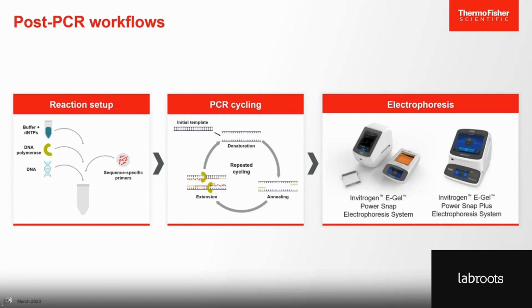It can be either the Invitrogen eGel Power Snap electrophoresis system for 25 or fewer samples at a time, or the Invitrogen eGel Power Snap Plus electrophoresis system for 25 samples or more at a time, up to 96. In both, you can go from sample loading to image capture in just 18 minutes.